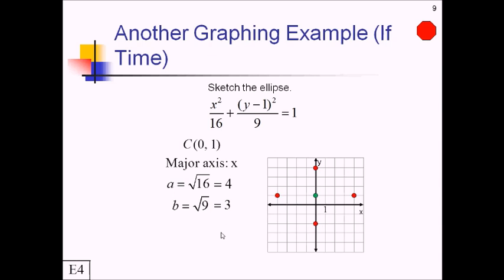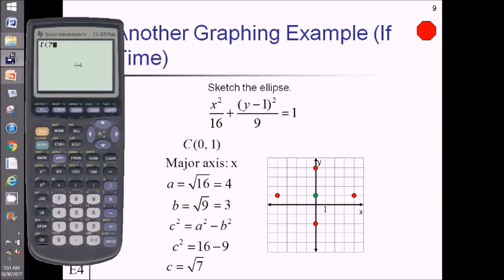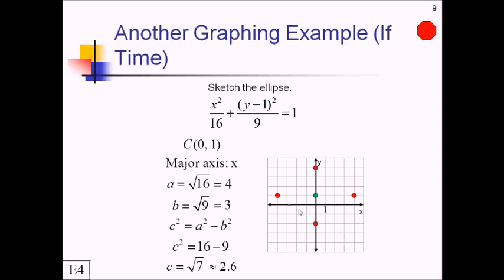For the foci, that'll be square root of 16 minus 9. So square root of 7. And what's that? Calculator says that comes out to about 2.6. So that's going to be 2.6 to the left and 2.6 to the right. And connect the dots. Woo, there we go.